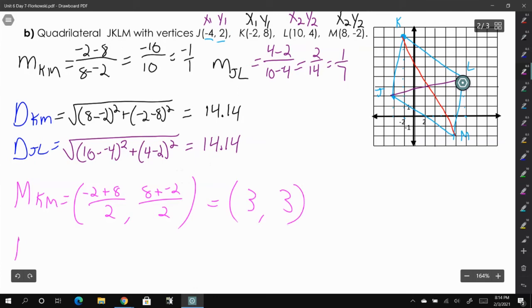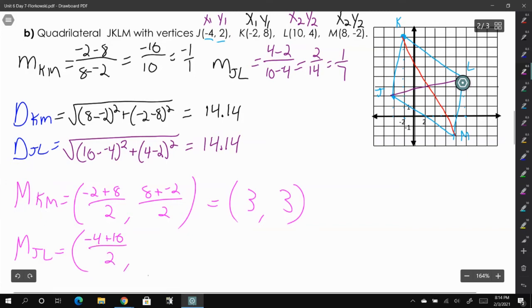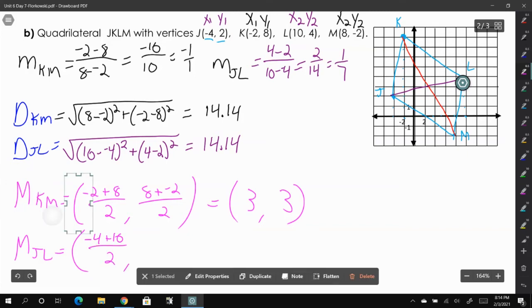So then we'll do the same thing for JL. So in JL, we have -4 plus 10 over 2, comma, 2 plus 4 over 2.